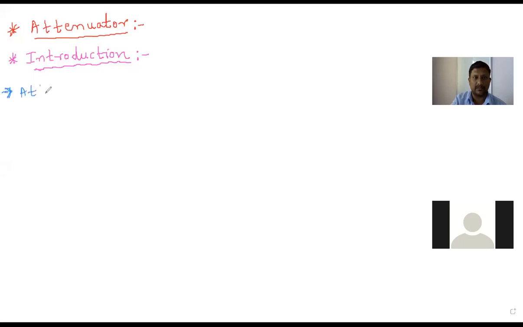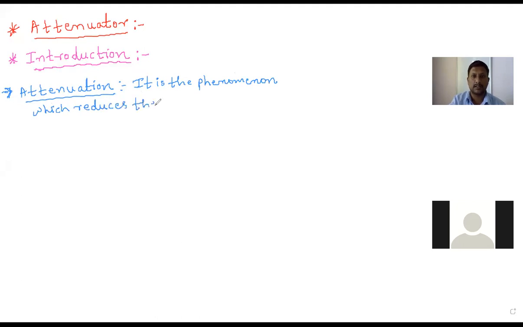Okay, so attenuation definition we can write here. Attenuation: it is a phenomenon which reduces the strength of signal by certain amount.